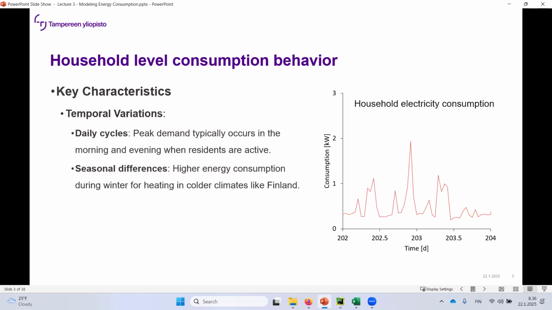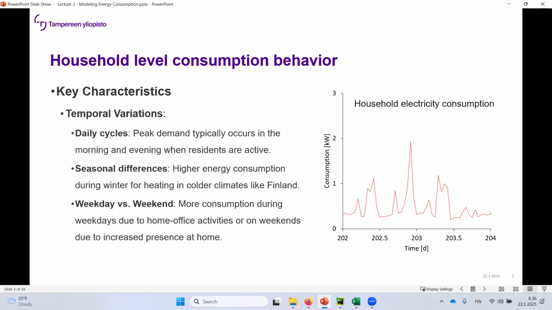And that is especially true, and I can see it in my electric bill. And weekday versus weekend. So if it's household versus industry, there's going to be a distinct difference. More consumption during weekdays due to home office activities, or on weekends due to increased presence at home. So you have to be aware of the consumption patterns.